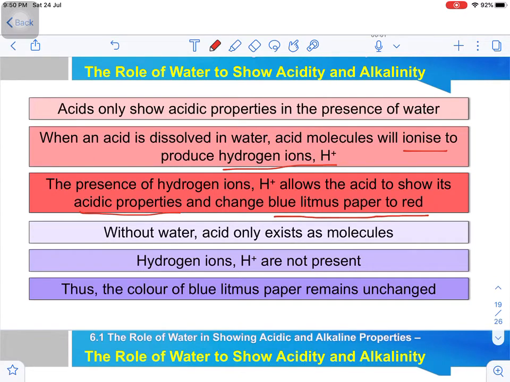Without water, acid only exists as molecules, so hydrogen ions are not present. Thus, the color of blue litmus paper remains unchanged.